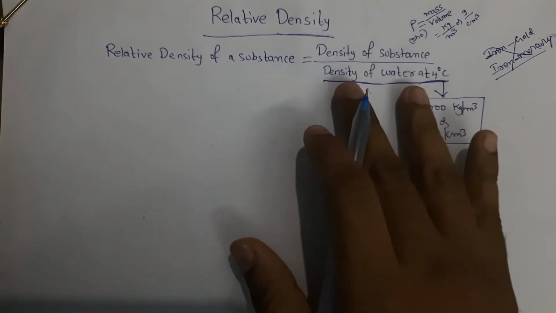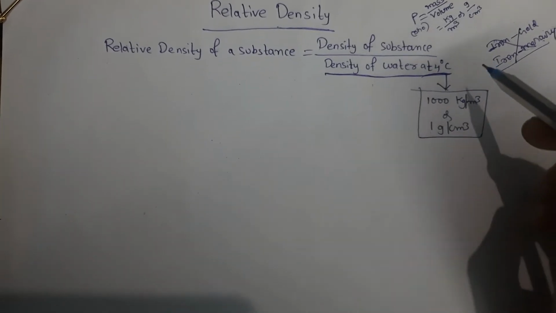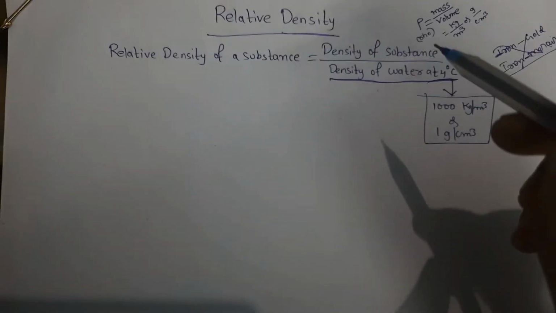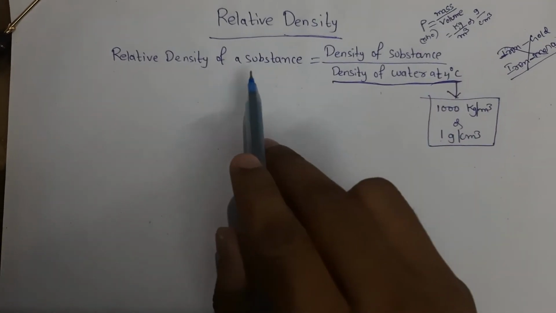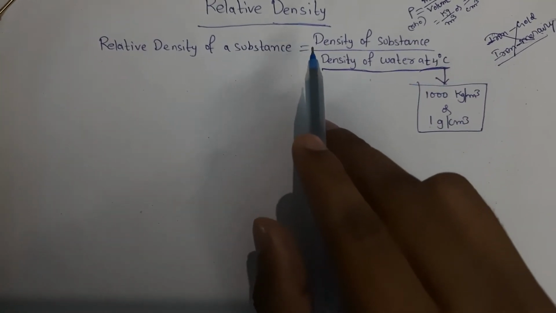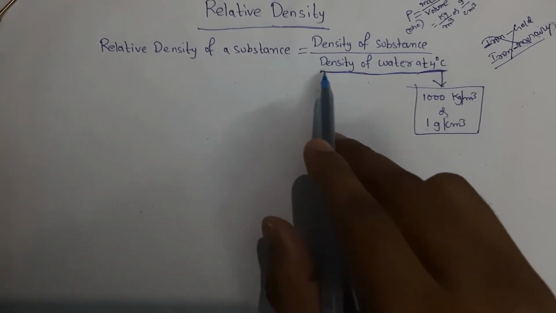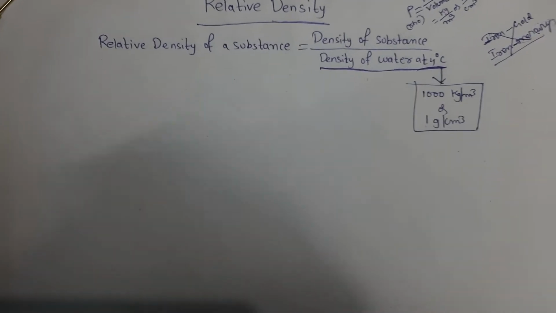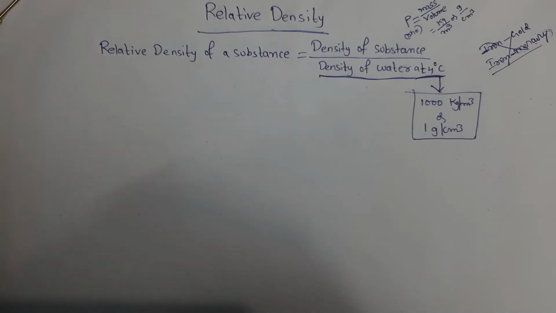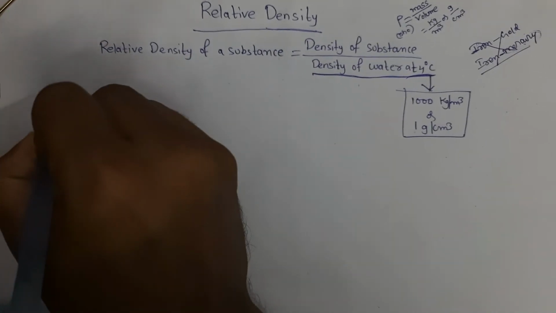It is the standard reference density of pure water at 4 degrees centigrade. And we will find the density of any substance with reference to the density of water at 4 degrees centigrade.